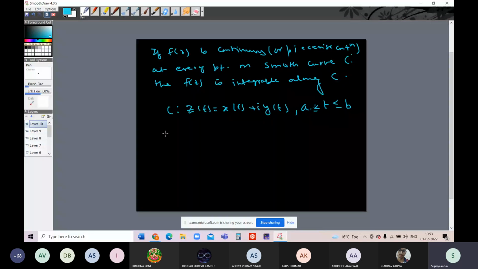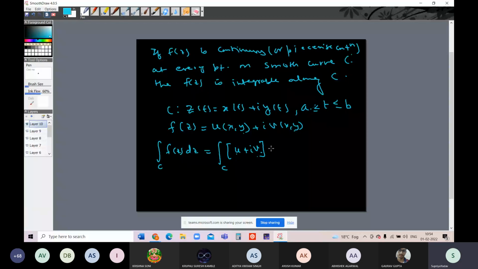And f(z) is a complex valued function, so it can also be represented as u(x,y) + i v(x,y). The line integral of f(z) along this curve C can also be written as the integral of (u + iv)(dx + i dy), and because x and y are functions of t, we can think of u and v as functions of t.